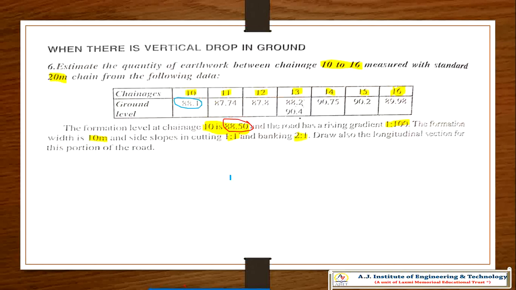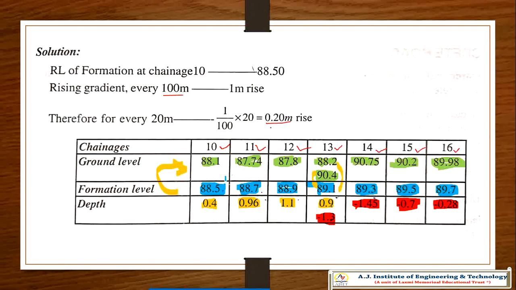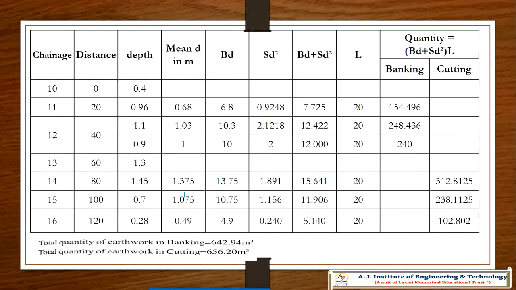Alright, I hope you understood this process. Here we got the depth. Now we are going for the calculation, where at distance 40 we are getting two depths, right?